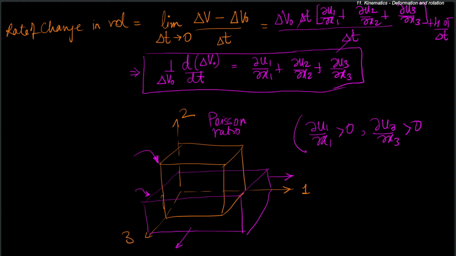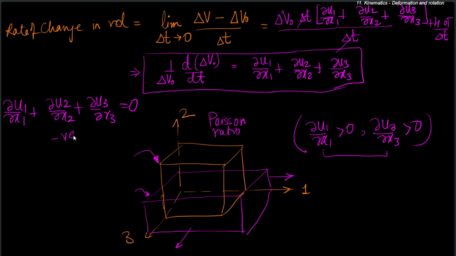So if these are greater than 0 and if the volume is constant, this entire term will vanish. That is, the volume will not change. The volume will be constant over time. Therefore, del u1 del x1 plus del u2 del x2 plus del u3 del x3 has to be 0. And if these two terms are positive, then del u2 del x2 necessarily has to be negative.